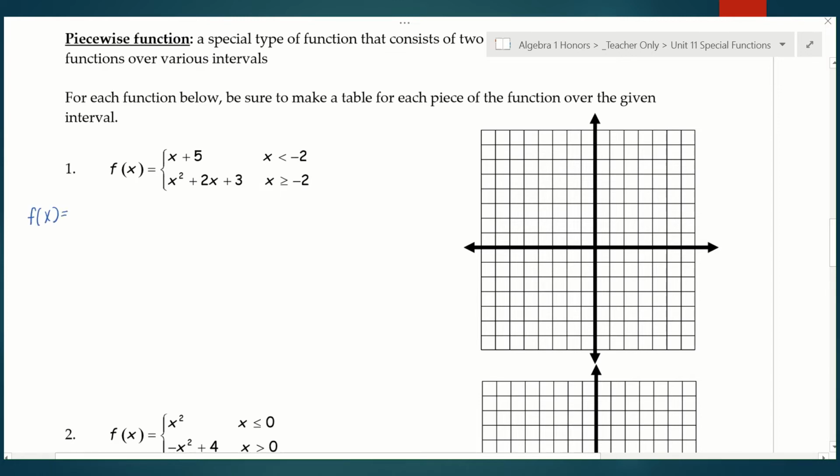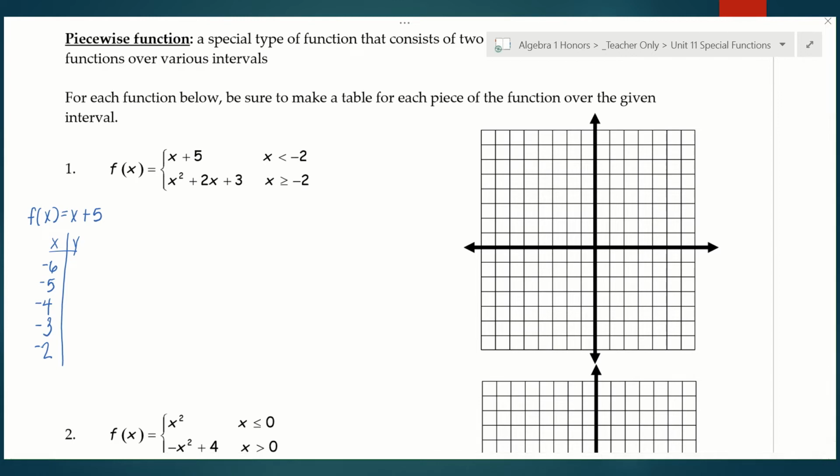And what we're going to do is copy down our table from -2 down, because it's saying x is less than -2. So why don't we just choose to start, let's just say, -6. -2 is the greatest value that x can be for this line.